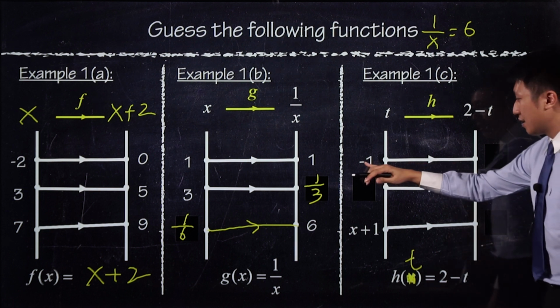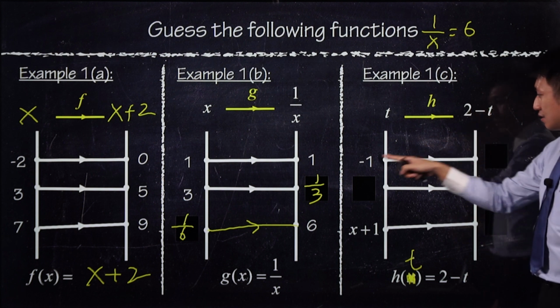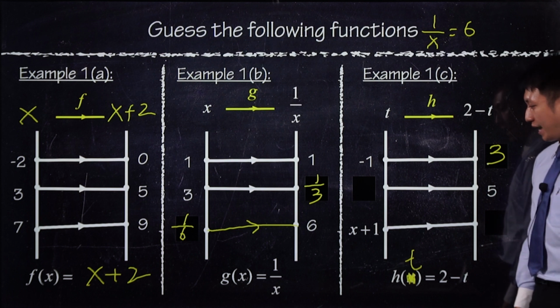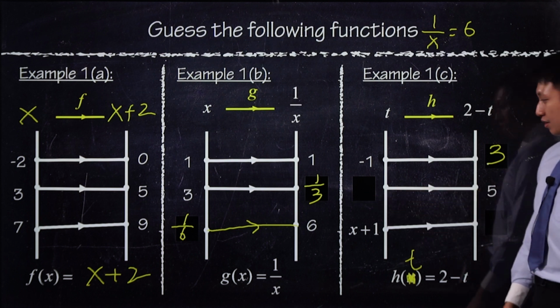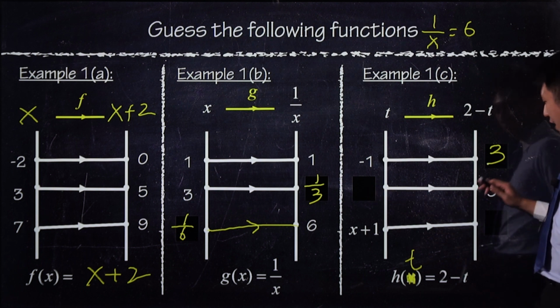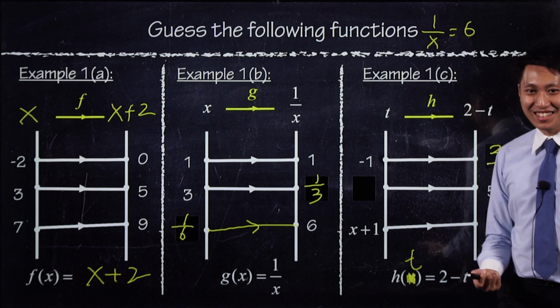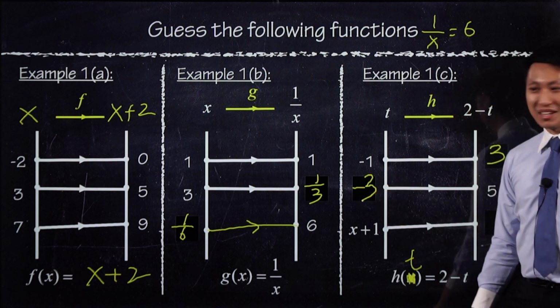Just in case, -1 will map to 2 minus (-1), so it becomes 2 plus 1, which is 3. Then what will be mapped to 5? What do you think? 2 minus what gives you 5? Isn't it? Okay, 2 minus (-3). So it means 2 plus 3 is equal to 5.